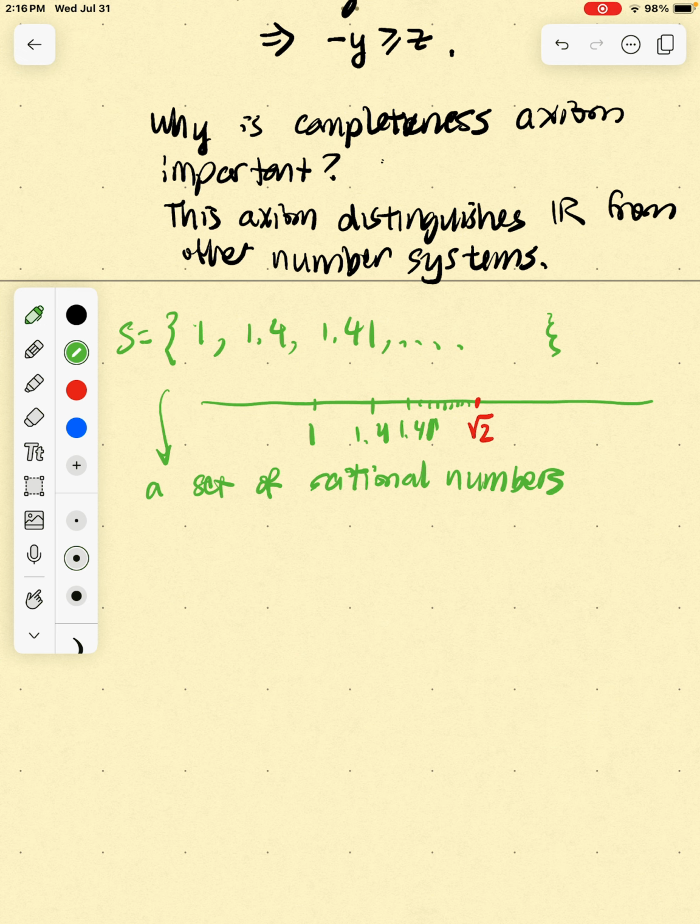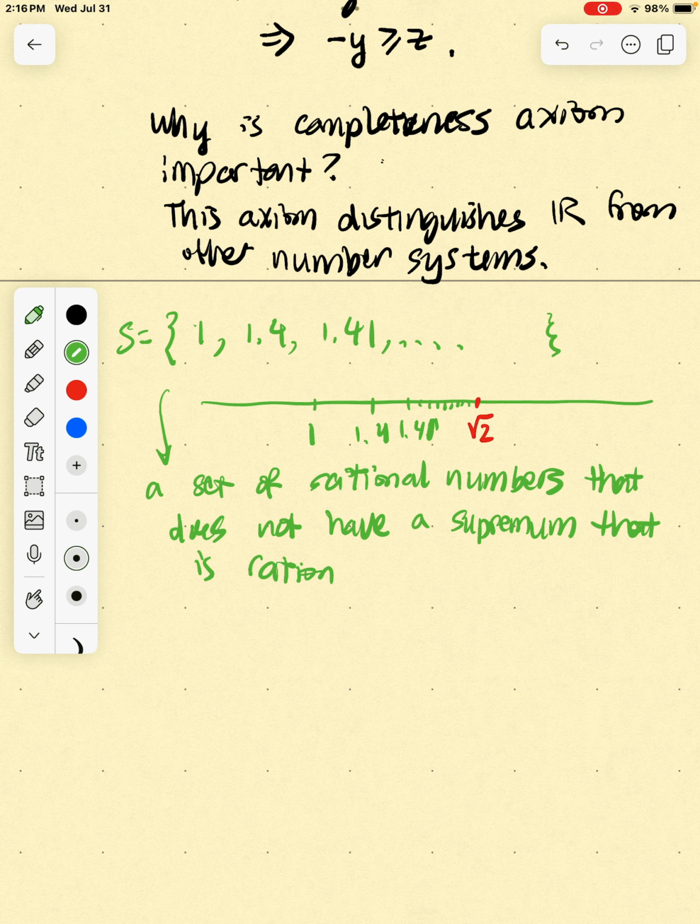but it wouldn't have a supremum, since the square root of 2 is not rational. Right?